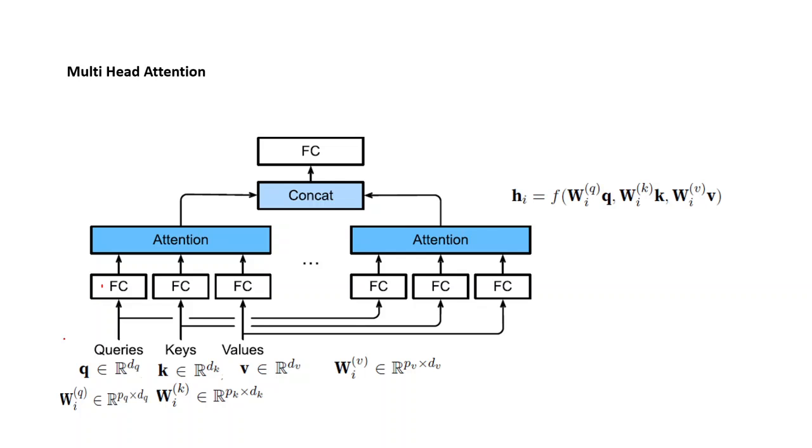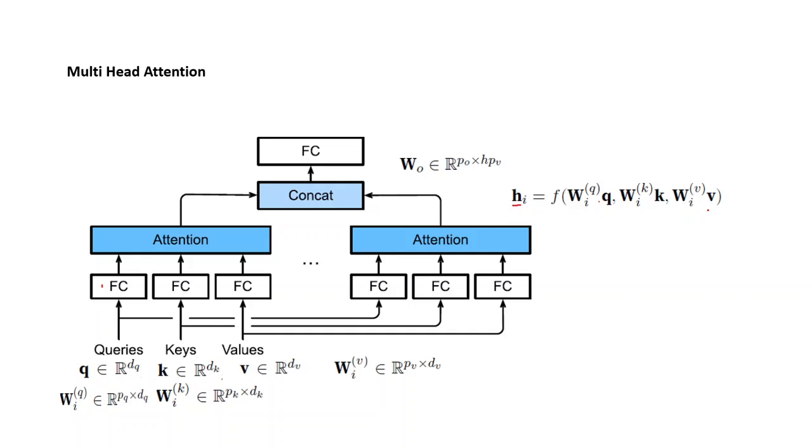And then each attention pooling function is hi, and that is basically the attention pooling function made to work over wiq into q, wik into k, and wiv into v.